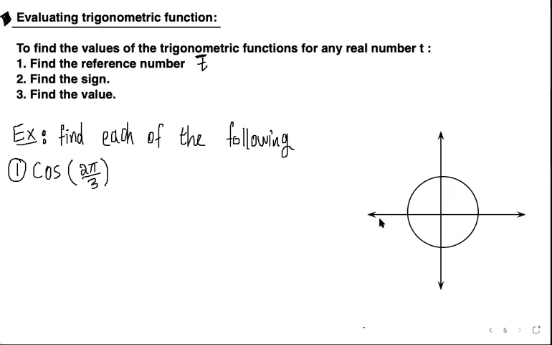I'm going to explain why 2 for students who are a little bit confused. This point here is 0. This point is pi over 2. This point is pi. This point is 3 pi over 2. And again, you go back to 2 pi.